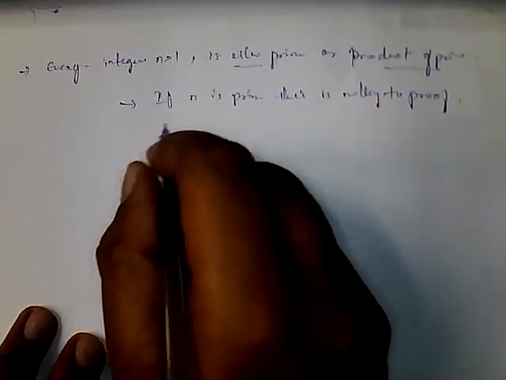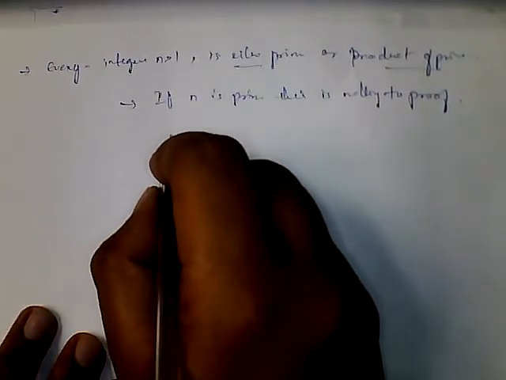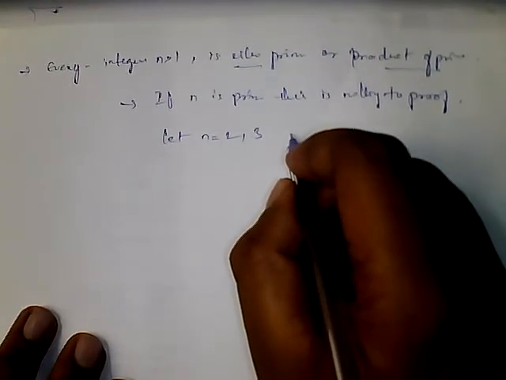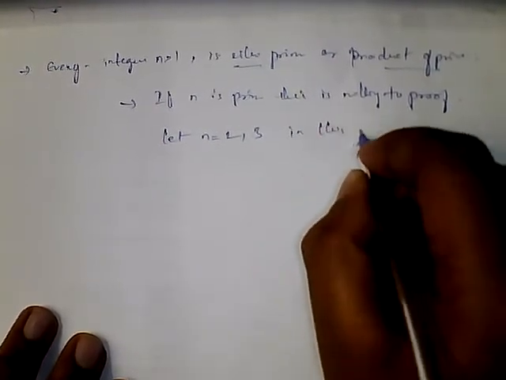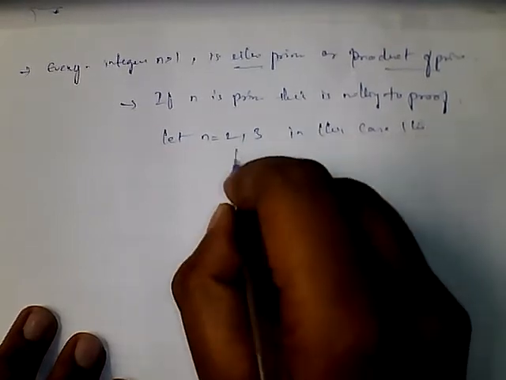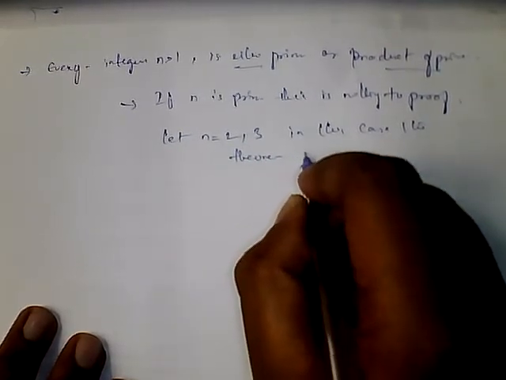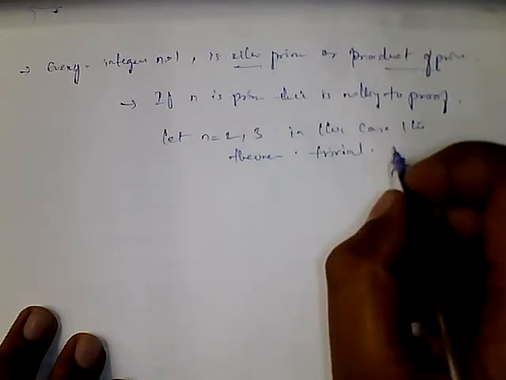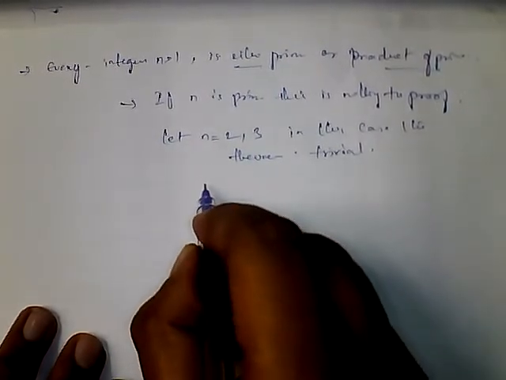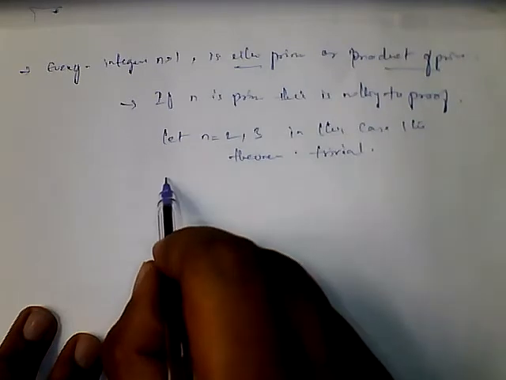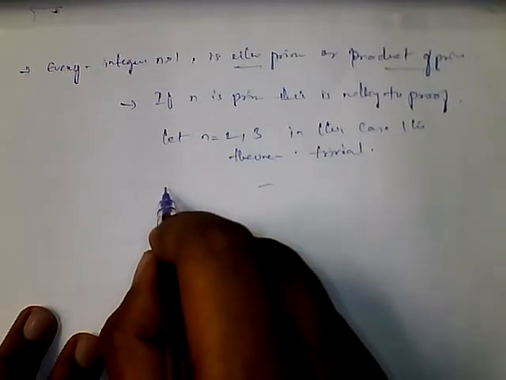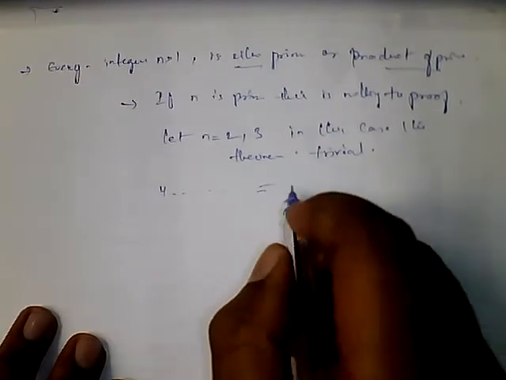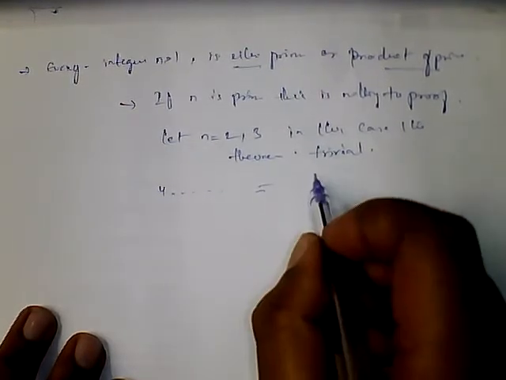So now, let n equal 2 and 3. In this case the theorem is true, or we can say it's a trivial case. So we are assuming it for numbers from 4 to n.